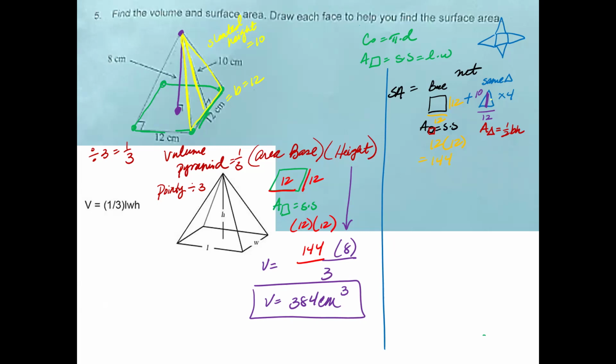So then we're gonna have 1/2 times 12 times 10, right? What's 1/2 of 12? 6. What's 6 times 10? 60. So then we're gonna add those together. Actually, that's not enough. Not 60, because what did I forget? 4. So don't forget that.